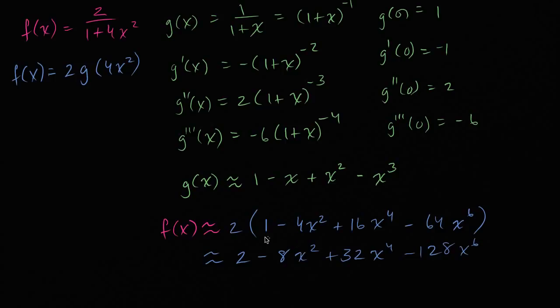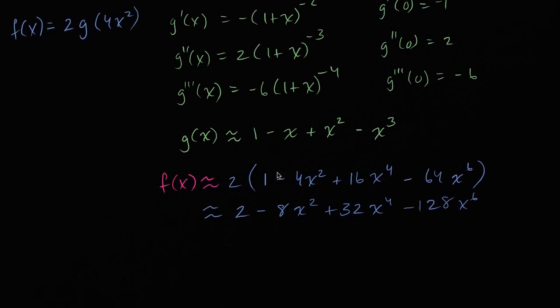So just like that, with a little bit of a substitution, I was able to reasonably, in a non-hairy fashion, find the first 4 non-zero terms of the power series of 2 over 1 plus 4x squared, which is the derivative of the power series of arctangent of 2x.